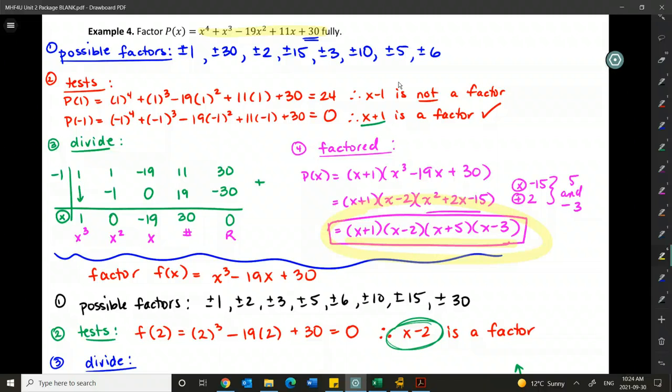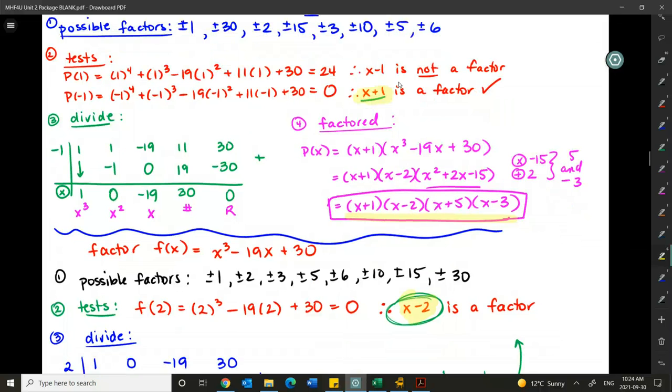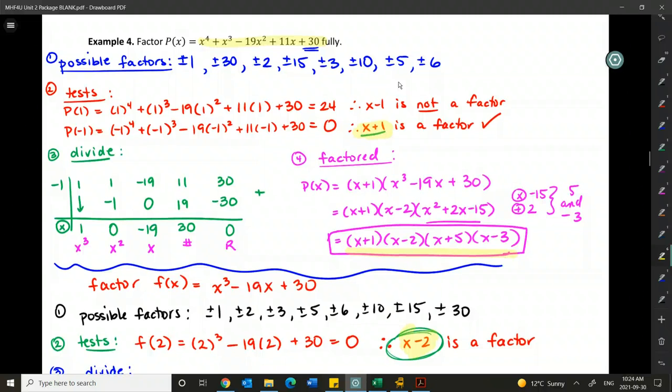I've missed one of the solutions somewhere along the way. Probably either here or here, I missed putting one of those in, right? So I always need to make sure that I include those divisors in my factoring. And I always need to make sure, obviously, that my degree is still the same as what I started with. That's the point, right? I want to factor the quartic, and I want to make sure I get a quartic out of that.